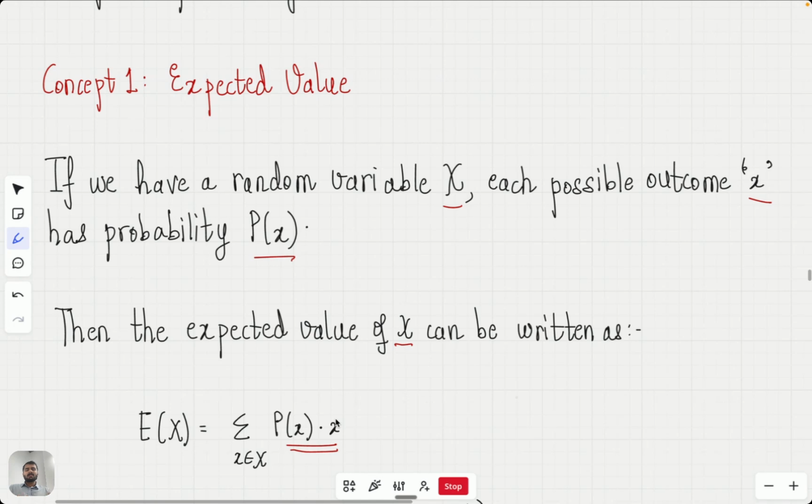Imagine you roll a dice and you ask what is the expected value if I roll a dice. Each possible outcome has probability 1 by 6, for outcomes 1, 2, 3, 4, 5, 6. So the expected value is going to be 1 by 6 into 1 plus 1 by 6 into 2 plus dot dot dot. This is how you calculate the expected value of a random variable.